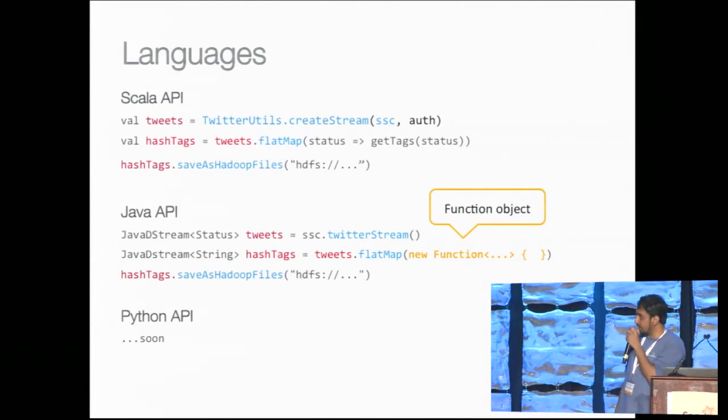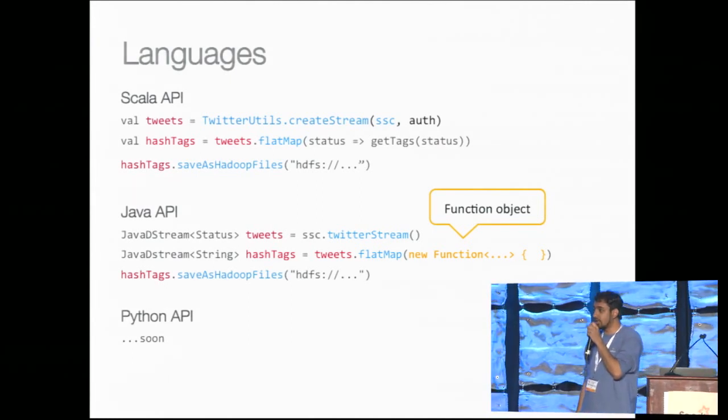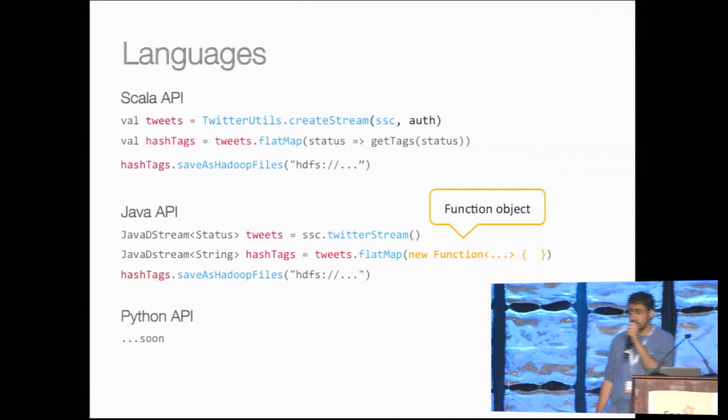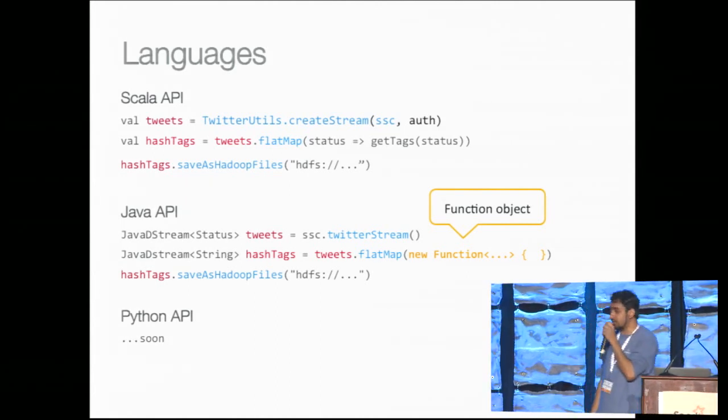So the question is, when I use save as Hadoop files, what exactly is being saved? If you see the example carefully, I'm calling hashtags.saveAsHadoopFiles.